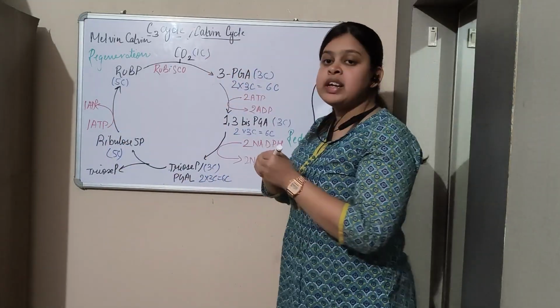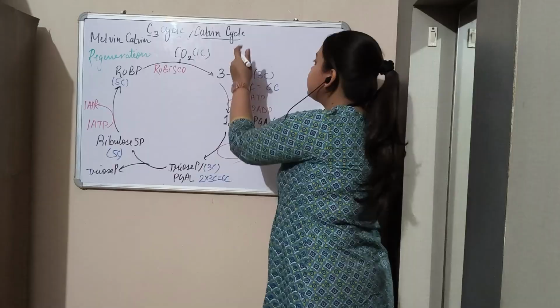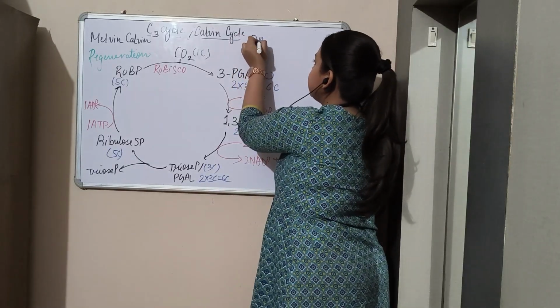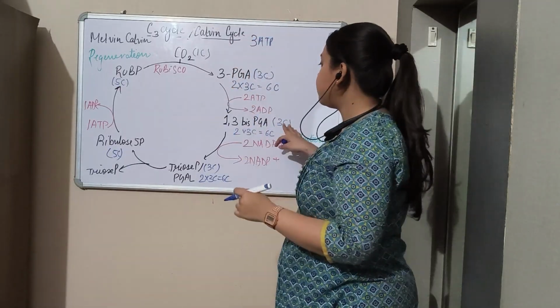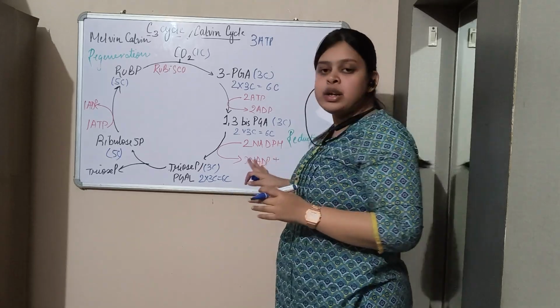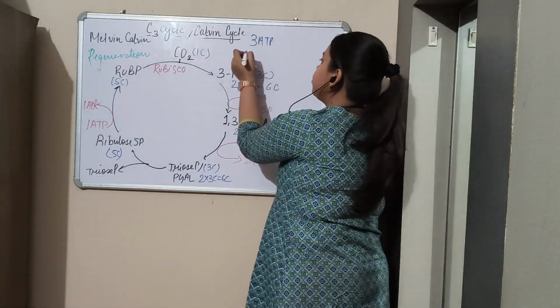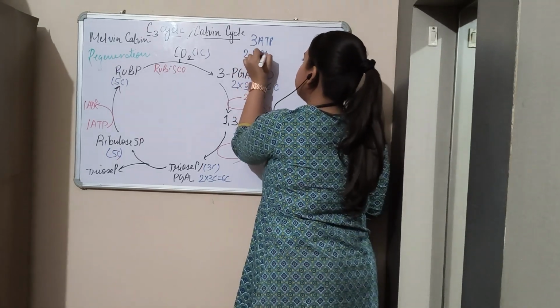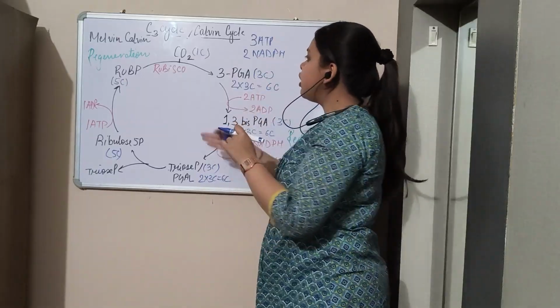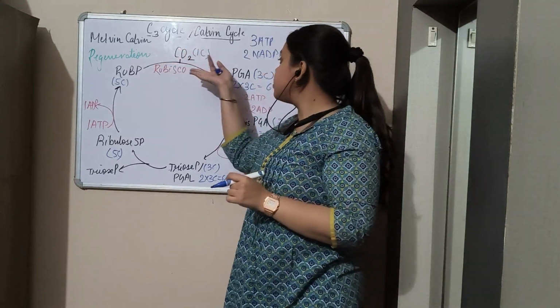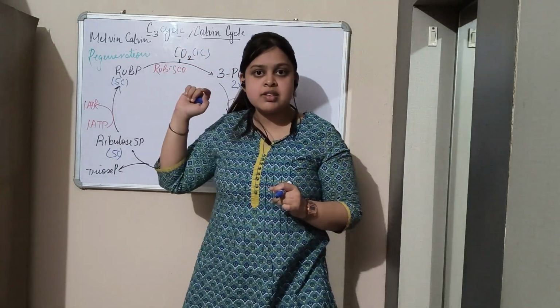So we can say that in the C3 cycle, there are three ATP molecules being utilized and 2 NADPH. Here in the reduction phase, 2 NADPH molecules are being utilized. So when we start with one CO2 molecule, 3 ATP and 2 NADPH are required.